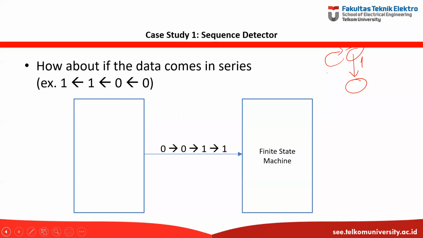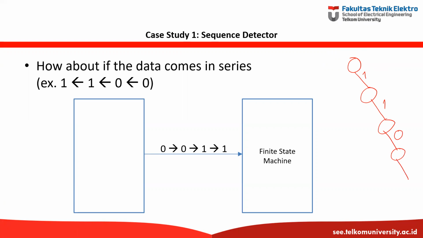Let me refresh it again. Now, let's say the first combination is that the input is 1, and then 1, and then 0, and then 0. Then this is the final state, which means the output is supposed to be active. Oh, I have detected 1, 1, 0, and 0. However, there will be lots of combinations.